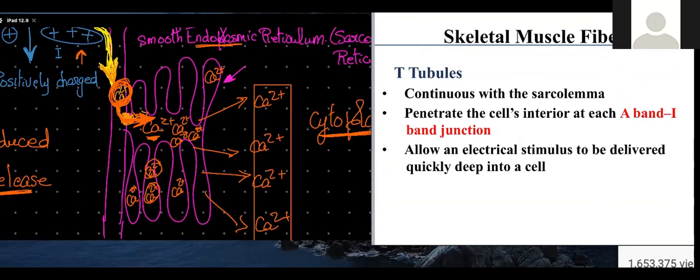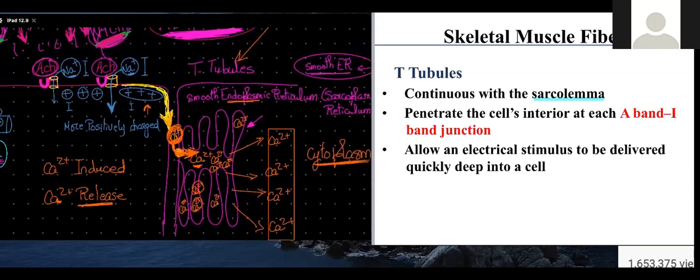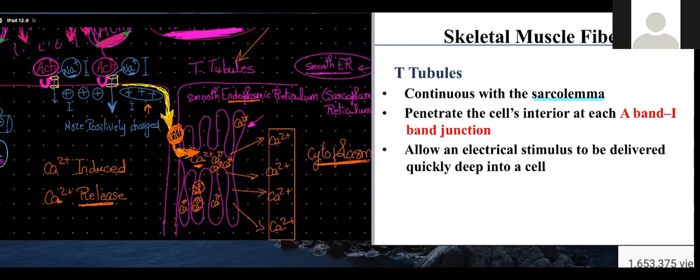T-tubules are continuous with the sarcolemma, which is the plasma membrane of the muscle cell, as we've seen on here. It's a continuation of the sarcolemma that travels to the inside of the muscle cell, allowing the conduction of the electrical signal to reach my sarcoplasmic reticulum, where you are storing the calcium.